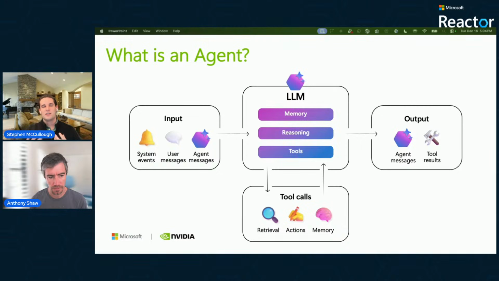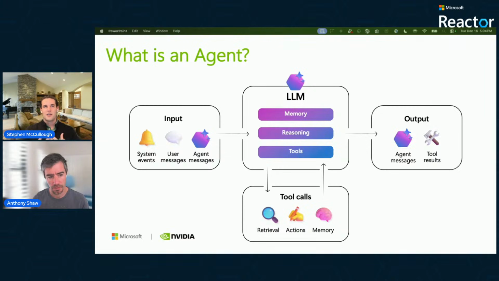Well, you can think of an agent as an LLM plus memory plus reasoning and tools. Many LLMs nowadays have native reasoning and tool calling support built in. So once we add that memory layer on top, that's managed by agentic software like Microsoft Agent Framework, we can turn that LLM into an agent.